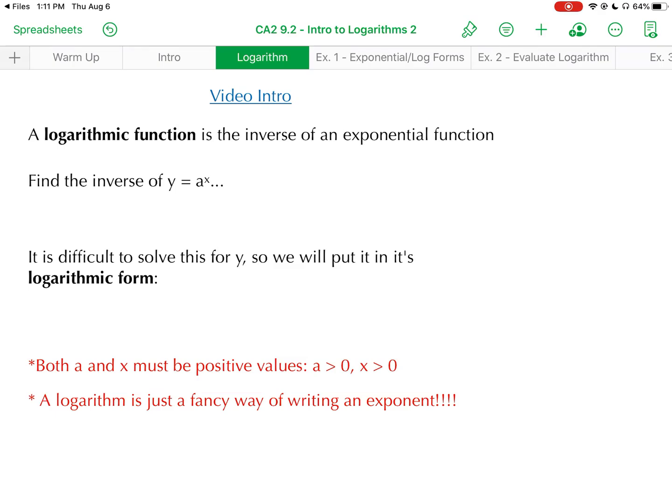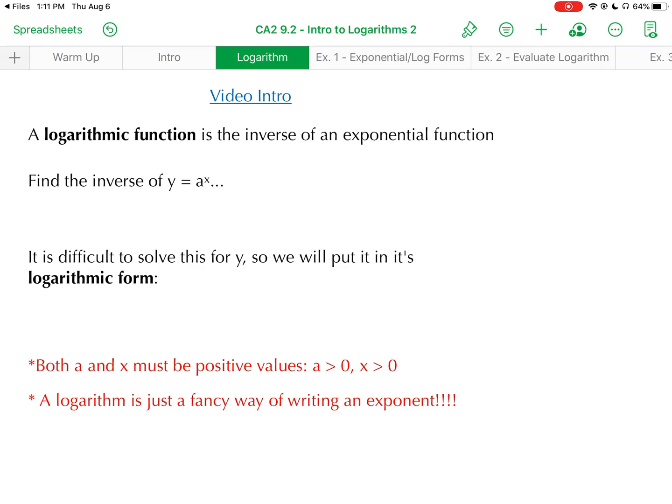Now, a logarithmic function is simply the inverse of an exponential function, okay? And it's been a little while since we talked about how to find the inverse of something, but just recall to do so, you just simply need to switch the position of x and y in your equation, okay?